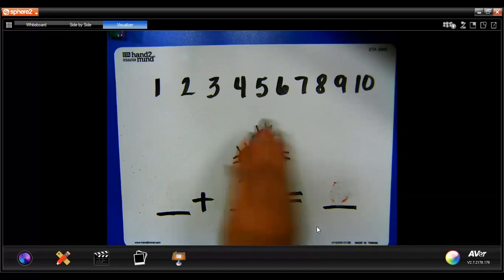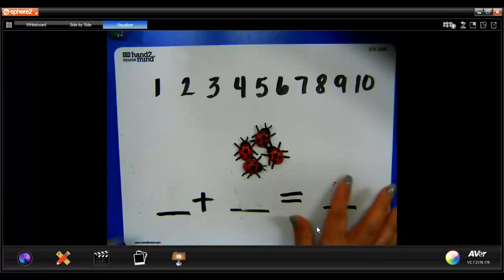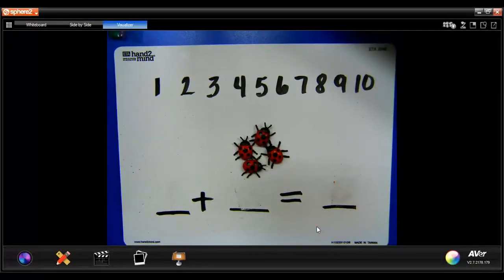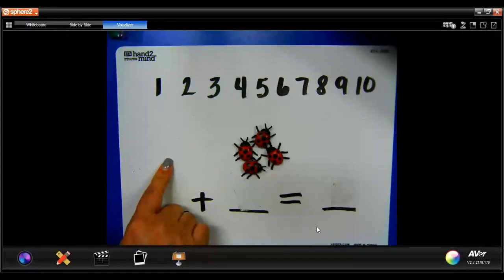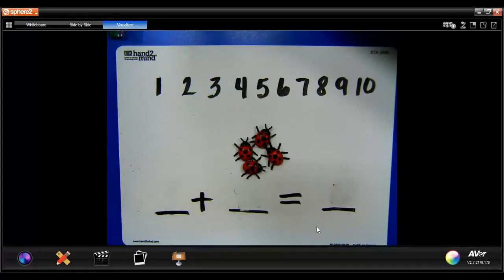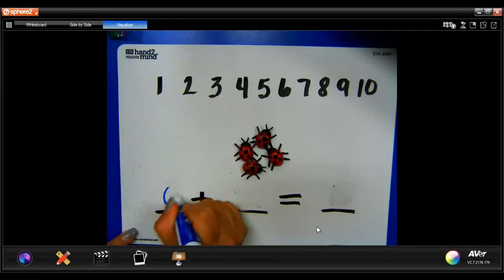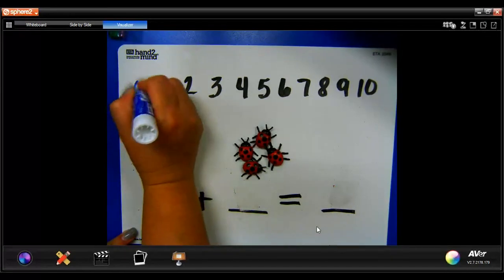Okay. So those are my ladybugs that we're going to add now. So let's look at what numbers we're going to write here first for our addition sentence. How many ladybugs do I have here? I have nothing, right? So what's the number when I have nothing? What number goes here? 0. Yes. 0 goes there. 0 comes before 1.